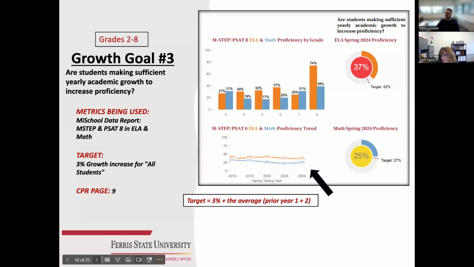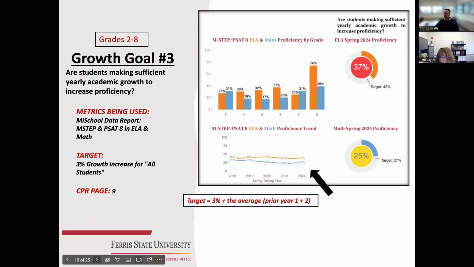You can see that this academy did not meet their ELA proficiency, but they are approaching in their math proficiency growth. And you'll see at the top, we give you a chart that shows how each grade level is scoring.